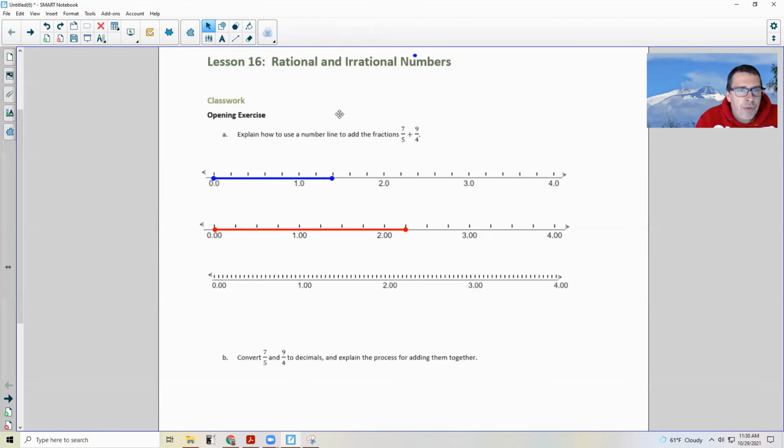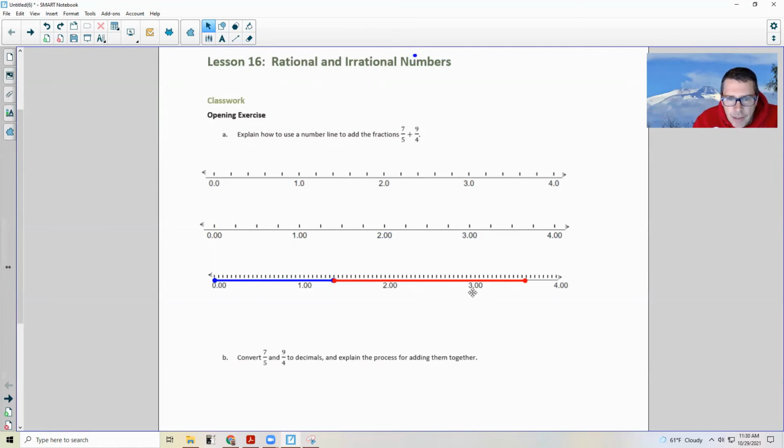All right, so let me just make them the same. So now what we want to do is add them. Well, if I take my 9/4, which would take us from 0 out to here, and if I take my 7/5, actually let me put the blue one first and go in the right order. So here is 7/5 plus 9/4.